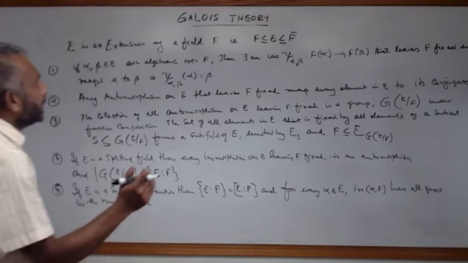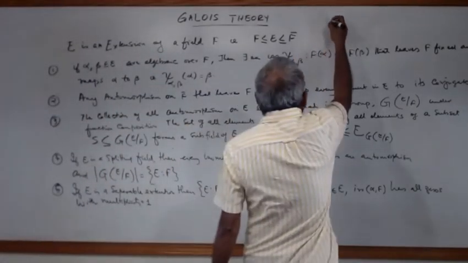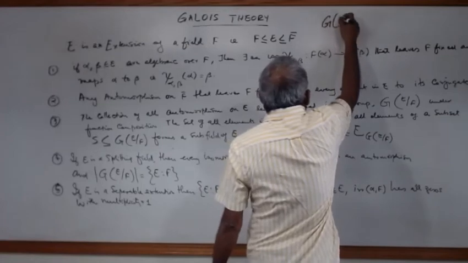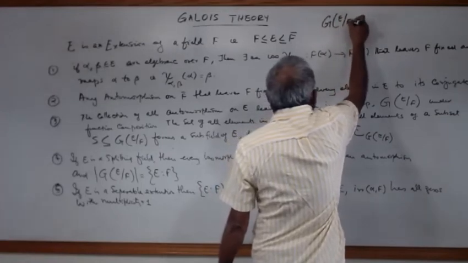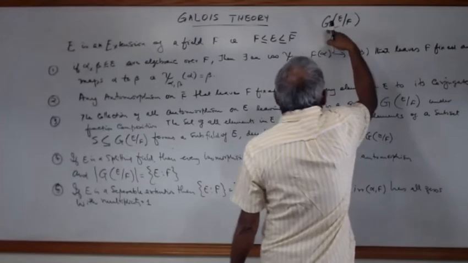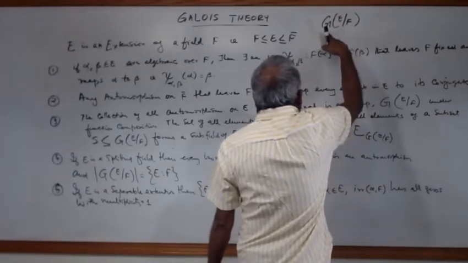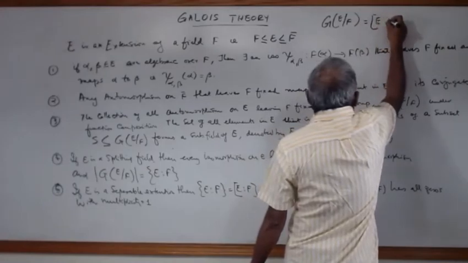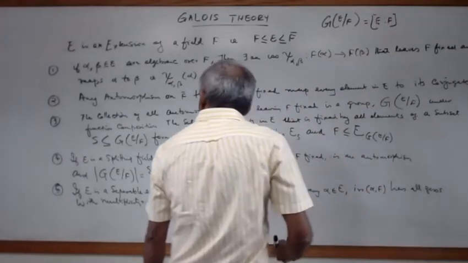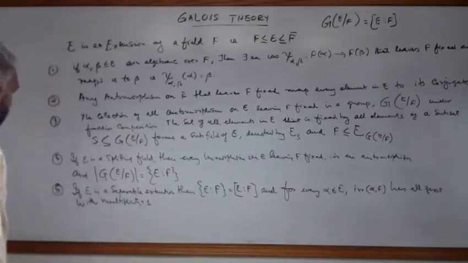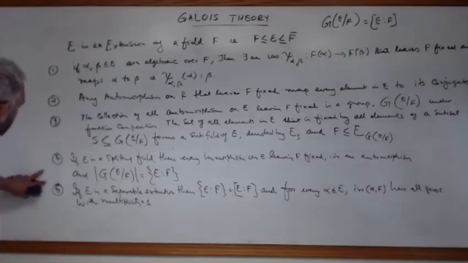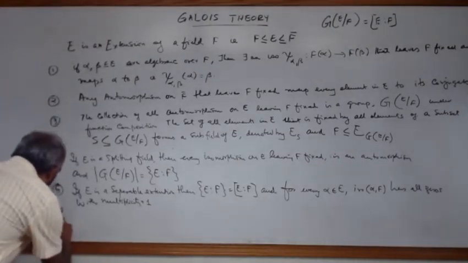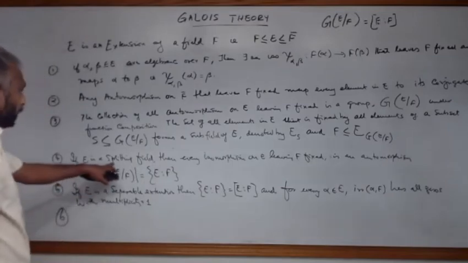Our basic aim is to bring the order of the group of E over F equal to the degree. So, if you combine these two, it has to be a splitting field.